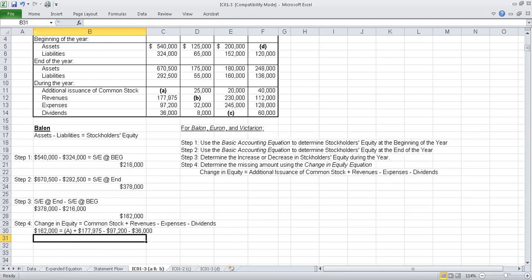We can do a little bit of algebraic manipulation. We can isolate the unknown. So we can say that A, the additional common stock, is equal to 162,000 minus 177,975 plus 97,200 plus 36,000.